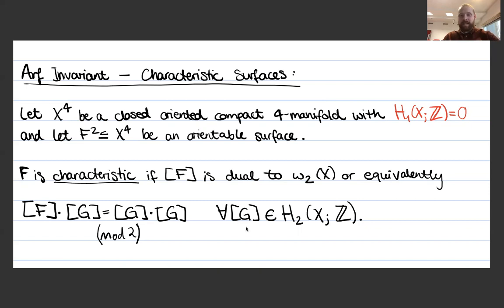Or equivalently, whenever you take any second homology class G and look at its self-intersection number, you can maybe realize G by a surface and count how many times it intersects itself when you push it off itself, or you can look at the normal Euler number, the Euler class of the normal bundle. That's the quantity on the right here, G intersect G, and on the left it's F intersect G. And these are always equal mod 2.